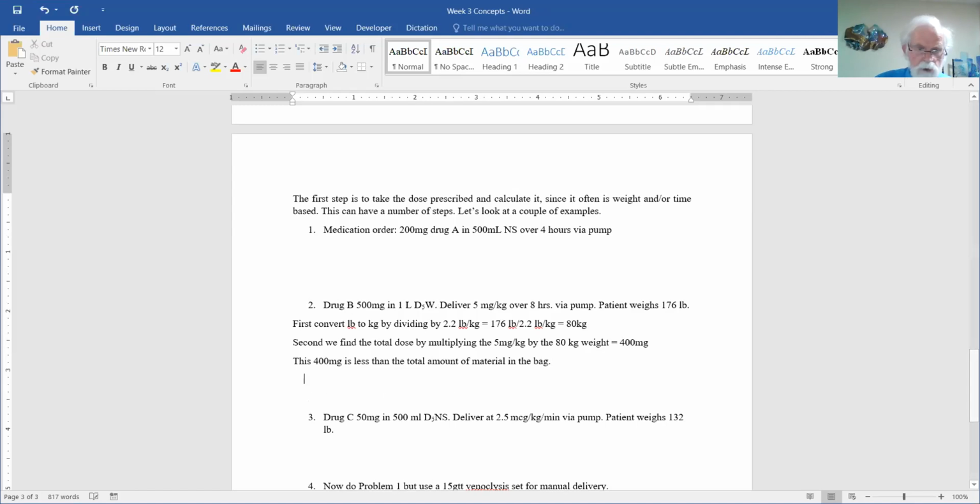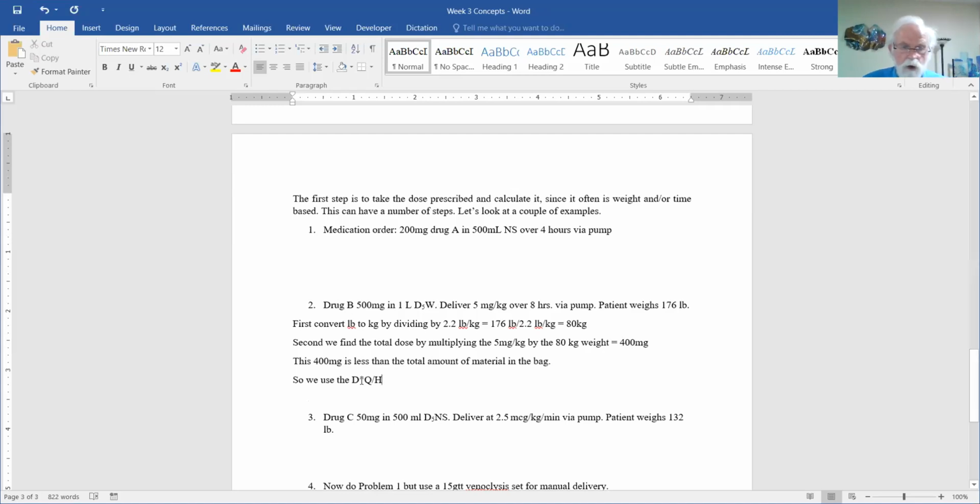And in this case, we use the D times Q, as they use here, divided by the H, the dose on hand.